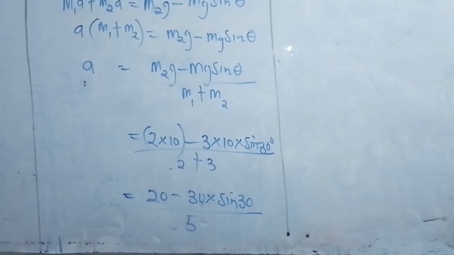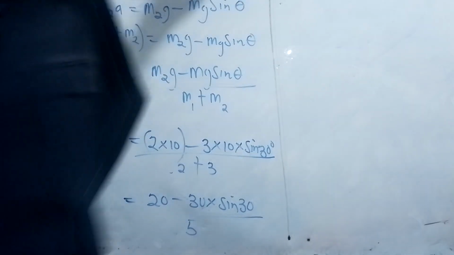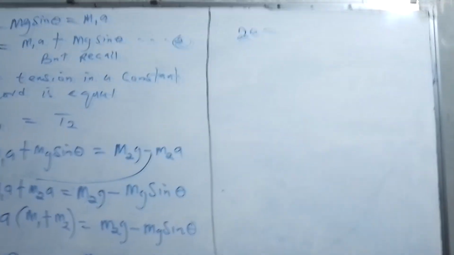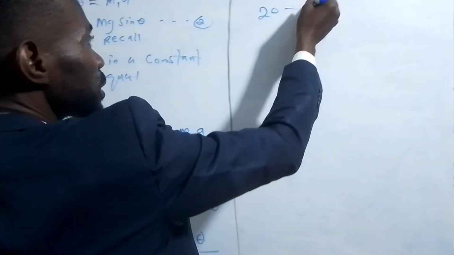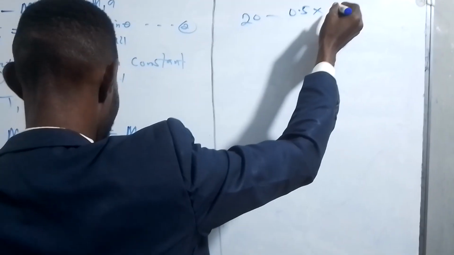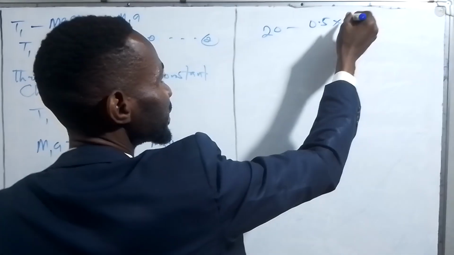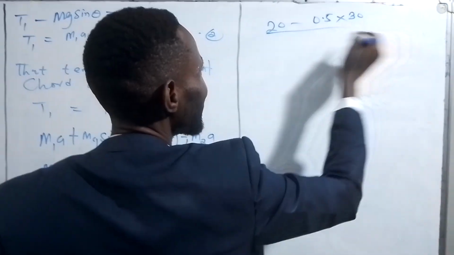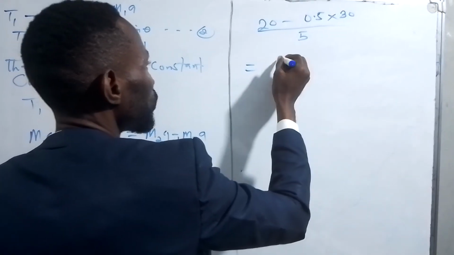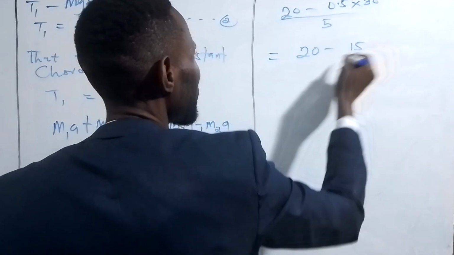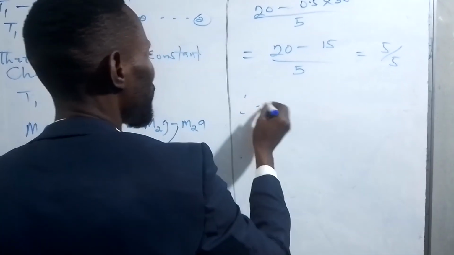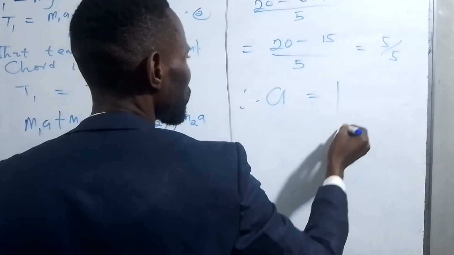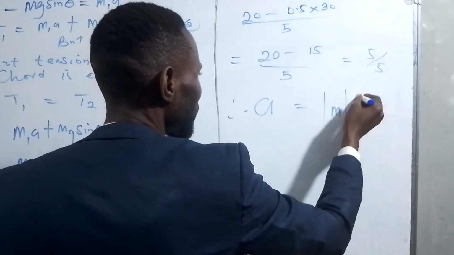Sine 30 is equal to 0.5, so minus 0.5 times 30, which is 15, divided by 5. This will be 20 minus 15 divided by 5, and obviously that will be 5 over 5. Therefore, the acceleration of the system is equal to 1 meter per second squared.